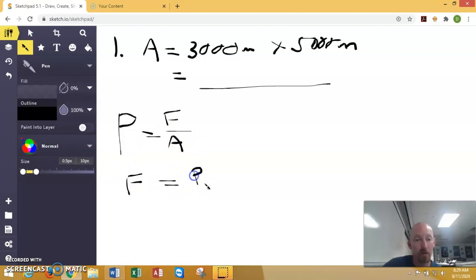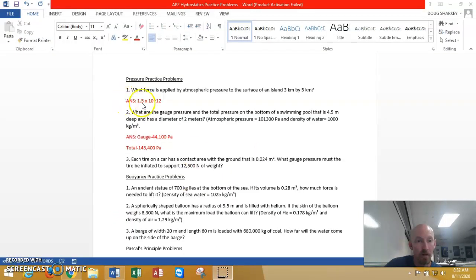Force is P times A. So the idea here is you can take atmospheric pressure and multiply by the area that you got from up here, P times A, and that'll be your answer. So there you go. The answer to that first one is 1.5 times 10 to the 12th, and that is force, in newtons.